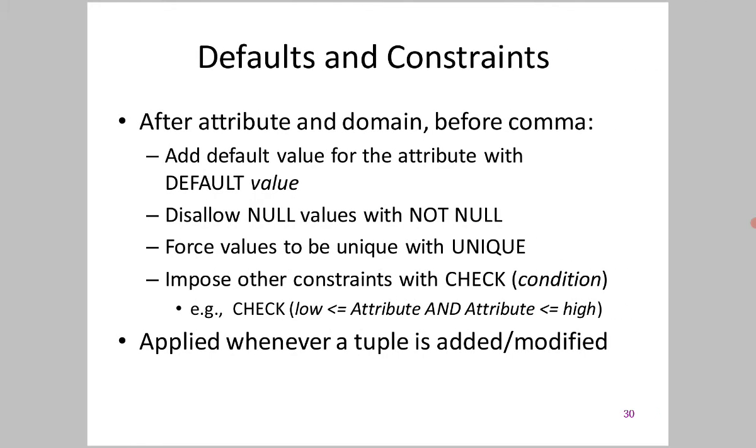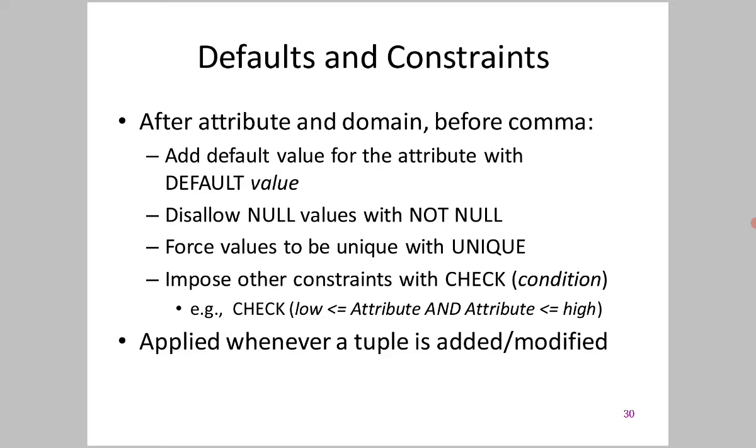Defaults and constraints. After the attribute and domain, before the comma, add a default value for the attribute. Default means we are giving some initial value to it. Disallow null values with NOT NULL, meaning we may not support null values or blank values.